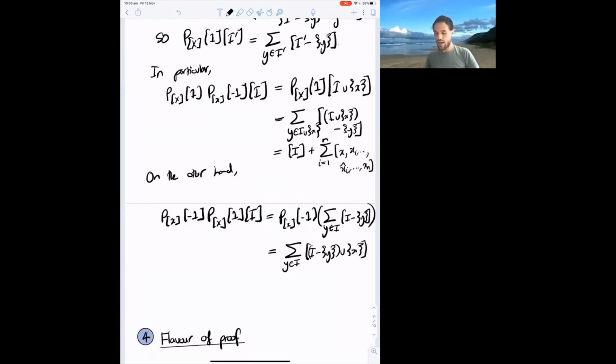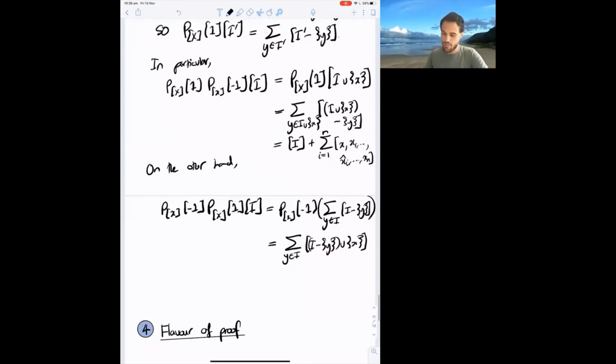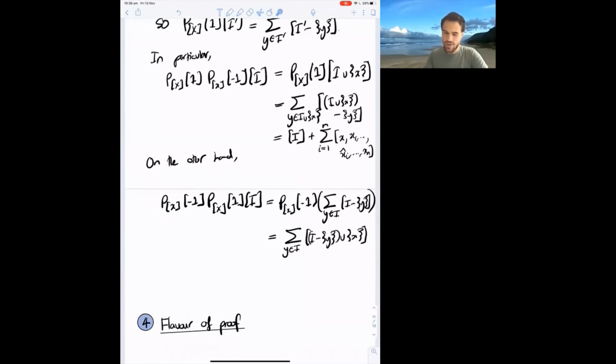And the point is that we're unable to get back to I, right? We can get every other term, but we can't get I. The reason being that y can't be viably chosen to be x. So all of the things that occur here necessarily have x inside of them.